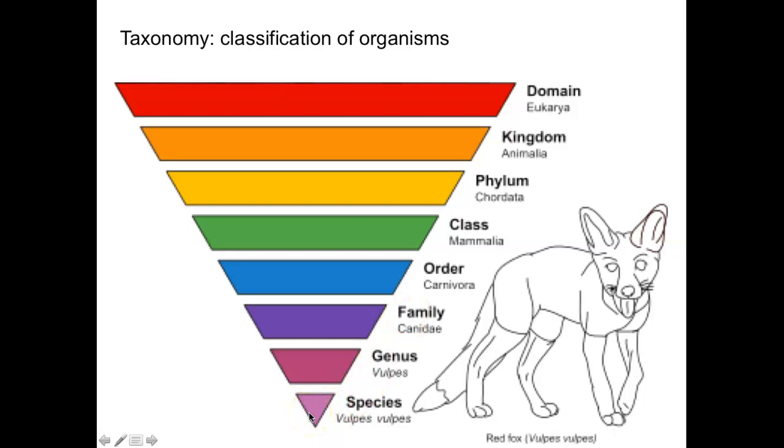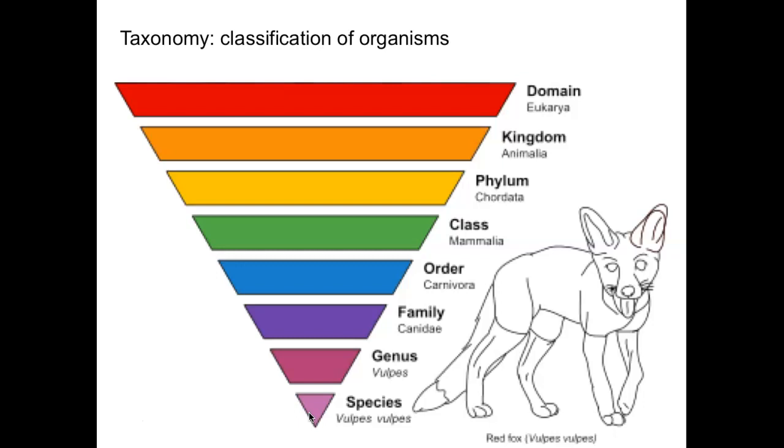So for every living thing on the planet, there is one species of that kind of organism. And so the smallest taxonomy group is the species, because you've narrowed it down to one kind of organism.